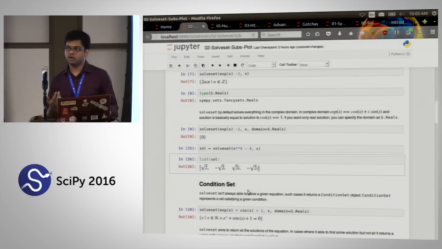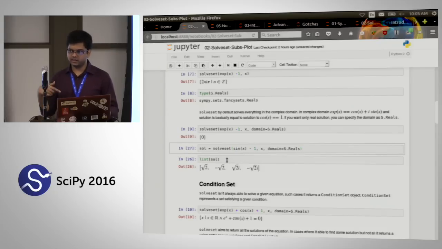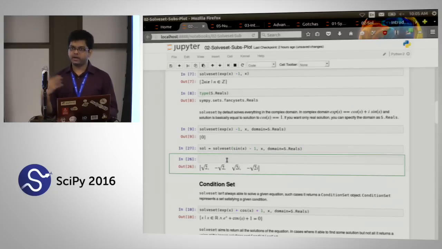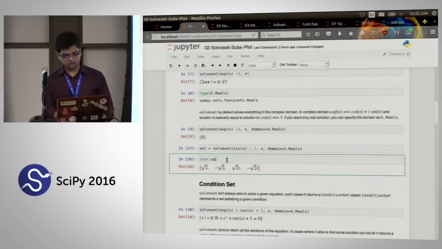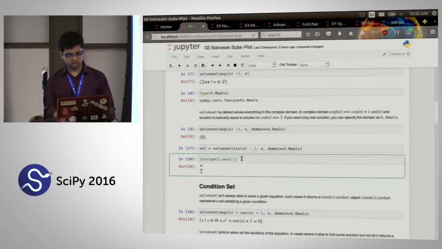If it is an infinite solution, you don't give a list because it's an infinite generator, but you can iterate over some elements of it. So you can do sol dot iter.